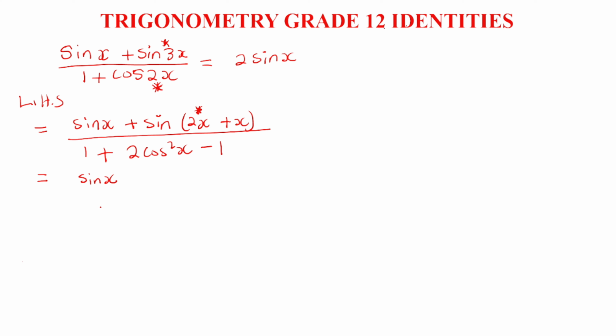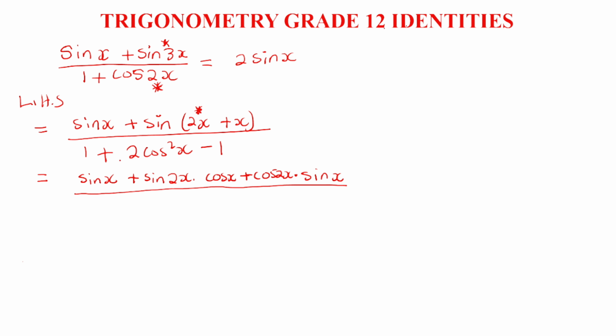Now we've got sine x, and to expand this into a compound angle, we are going to have plus sine 2x times cos x, all plus cos 2x times sine x.